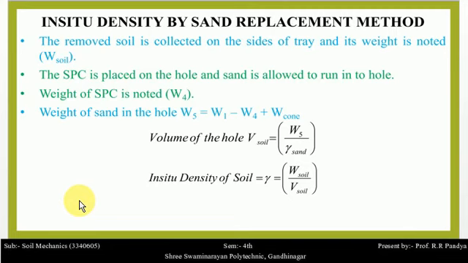The sand pouring cylinder is placed on the hole and sand is allowed to run into the hole. Weight of the sand pouring cylinder is noted as W4.